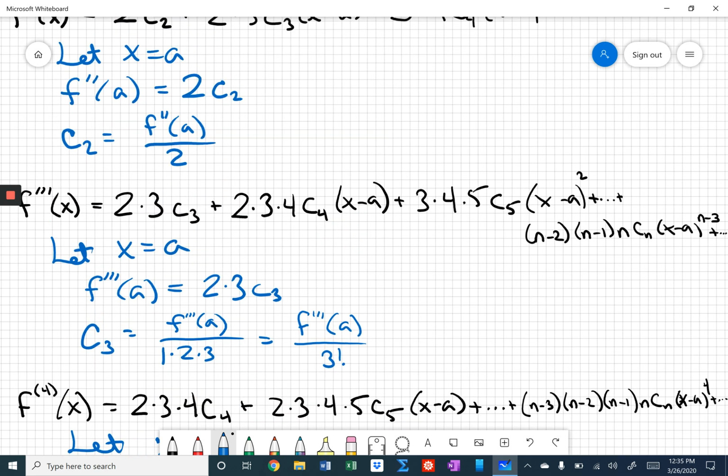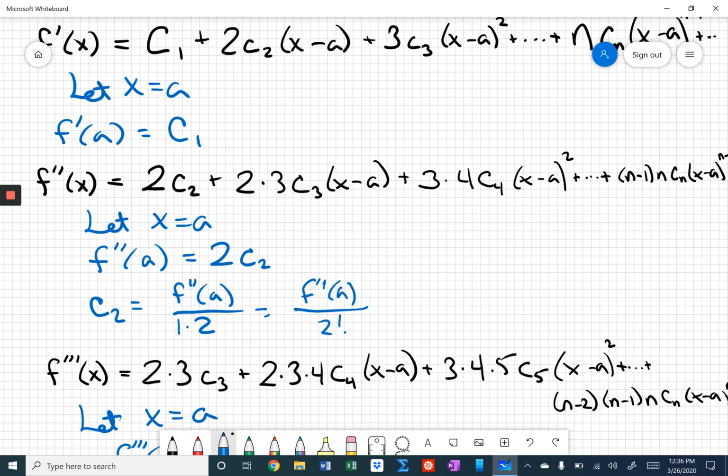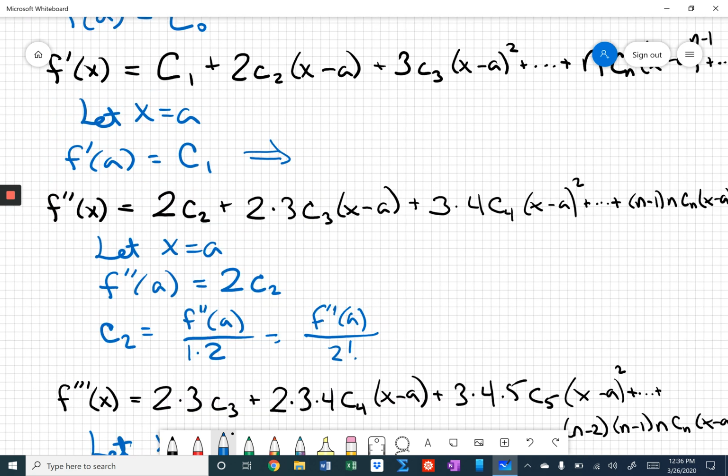Well, 2 is 1 times 2, so this is the second derivative of a over 2 factorial. So that still works. If I go way back up here, well, c sub 1, it is true that c sub 1 is f prime of a divided by 1, but that's just 1 factorial. So it holds, it works.